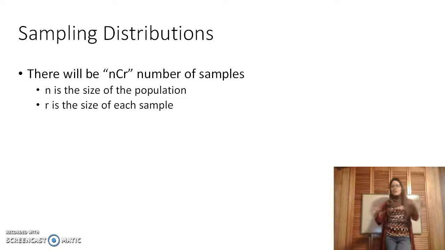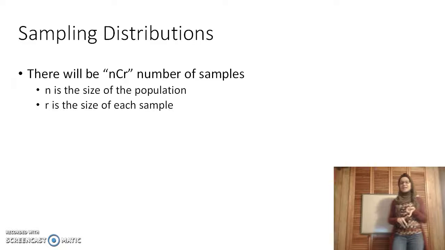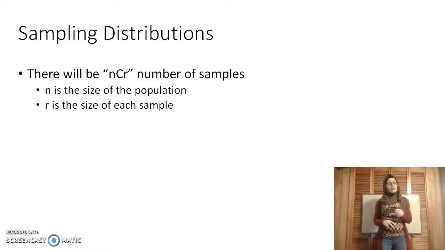It doesn't matter what order these groups of 50 are in, just as long as they're groups of 50. So we're going to do n choose r, where n is the size of the population and r is the size of each sample. So you have to be careful when we're doing these computations on the calculator, because these numbers get really big really fast.